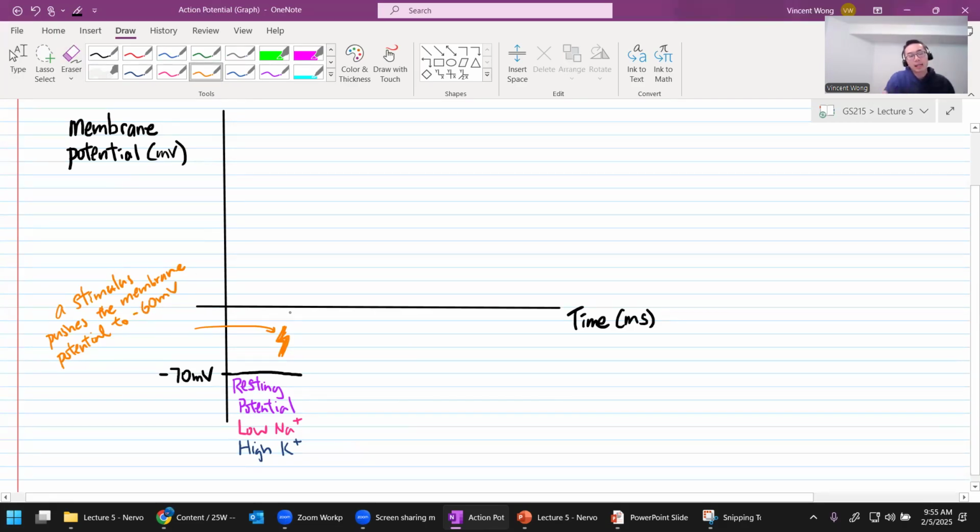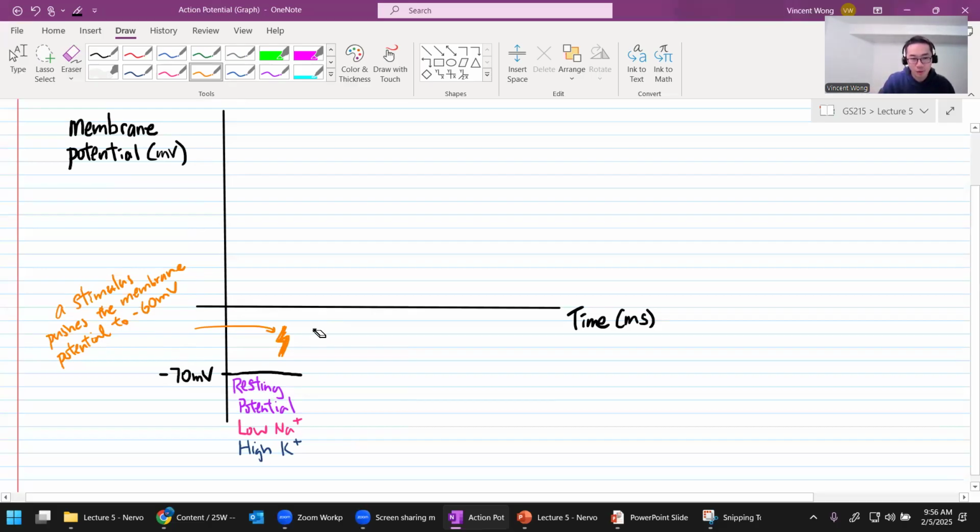Now I cannot explain to you how it gets from negative 70 to negative 60 just yet. If I explain it now, it's going to be confusing. I have to explain a bunch of other stuff first, and then at the end, I'll circle back to this point, and then you will definitely understand how it goes from negative 70 to negative 60. Right now, just take a step of faith and trust me.